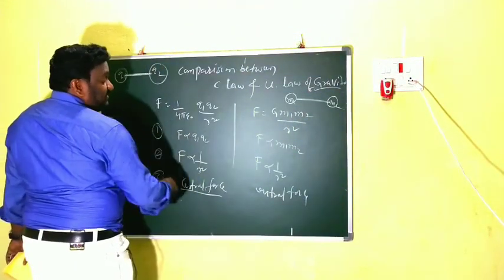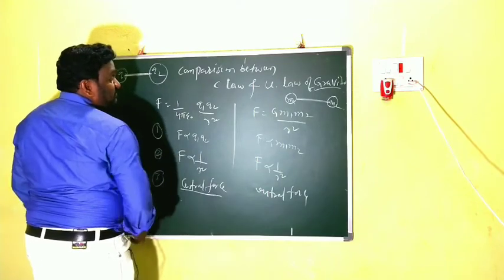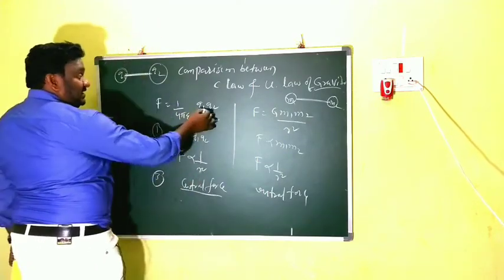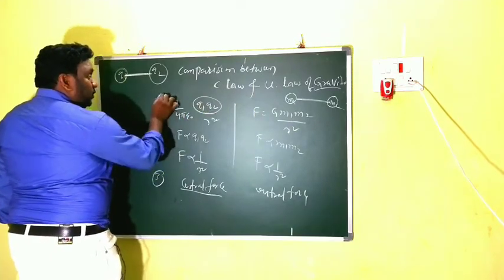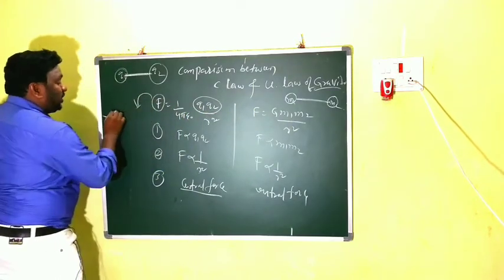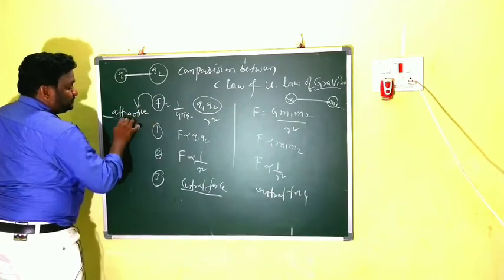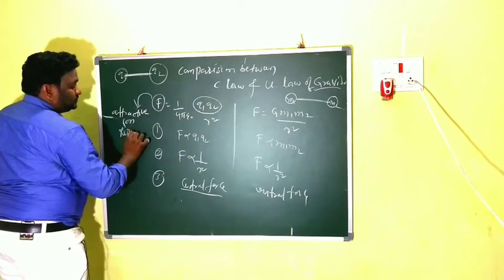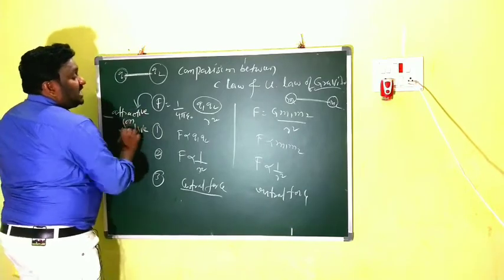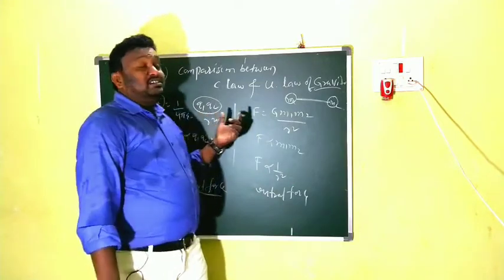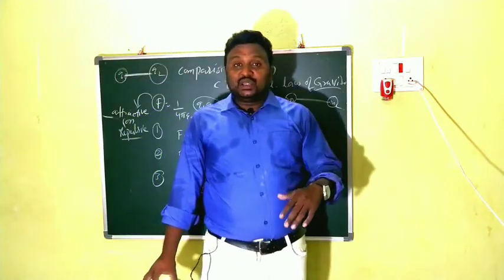Here we are saying central force and central force. Now I am going to explain the differences. What is the difference? Here the force between two charges is either attractive or repulsive. If you take two like charges, it is repulsive.